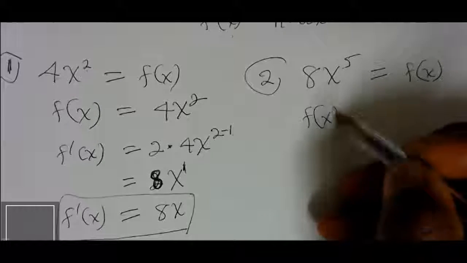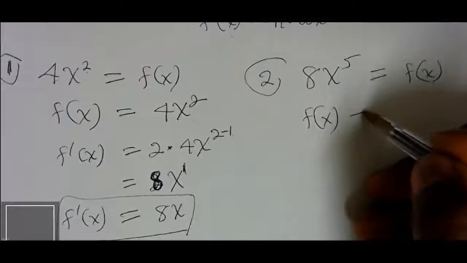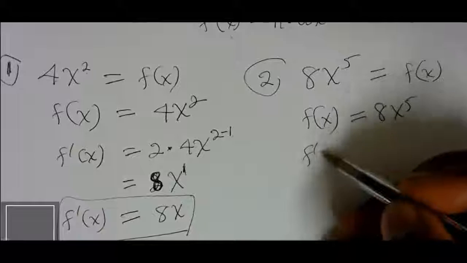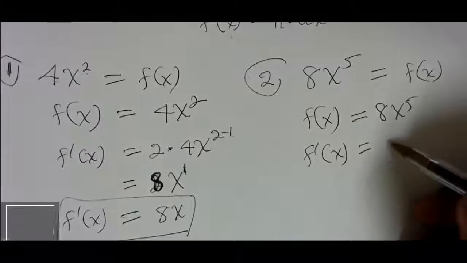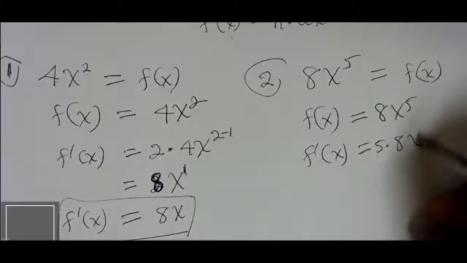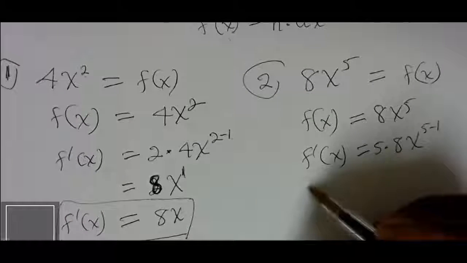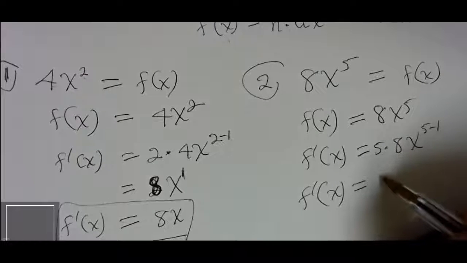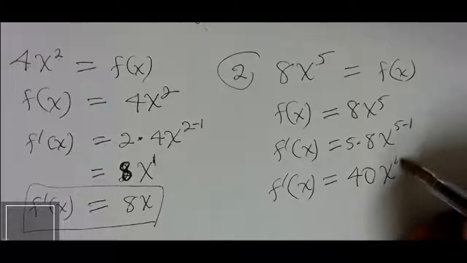So f of x is 8x to the 5th. Therefore, f prime of x is going to be 5 times 8x to the power 5 minus 1. So f prime of x is going to be 5 times 8, which is 40, then x to the power 4.